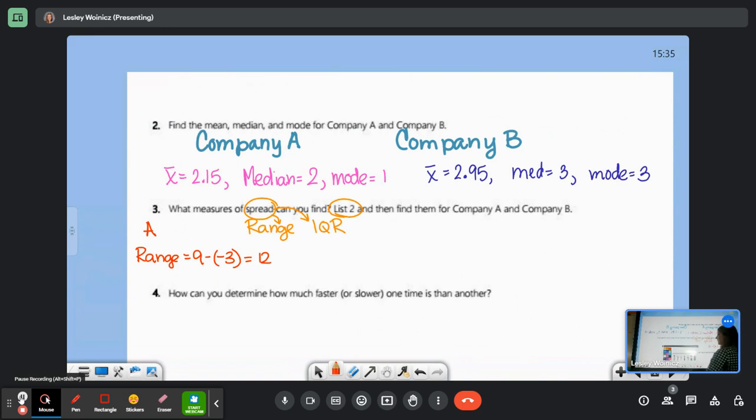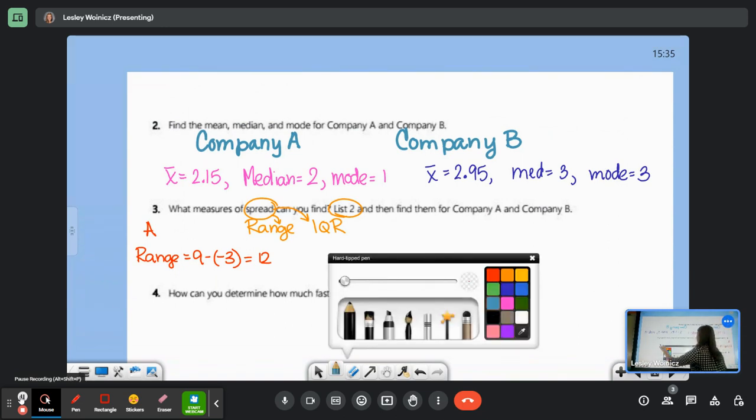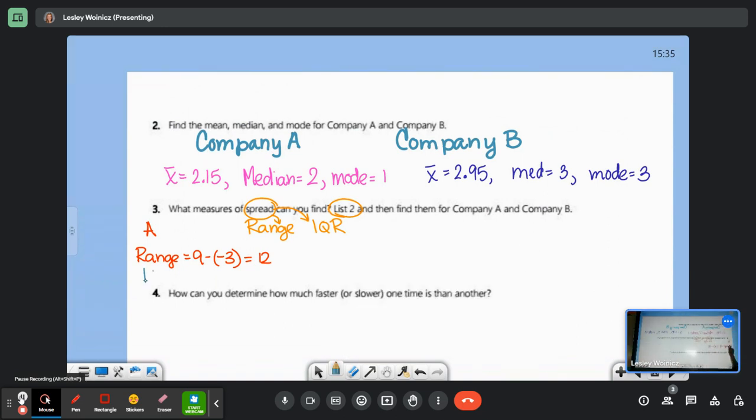Okay, what's the IQR for company A? What's Q3? 4 minus 0, which is 4.